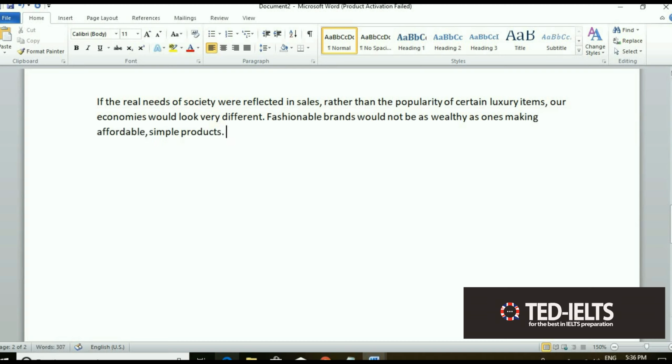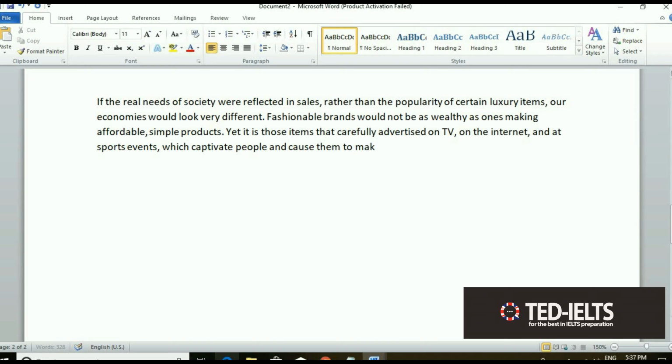So I'm just extending this argument a little bit. Fashionable brands would not be as wealthy as ones making affordable, simple products. Yet it is those items that are carefully advertised on TV, what else can we say, on the internet and at sports events, which captivate people and cause them to make, let's say, unwise purchases or form irrational brand loyalties.